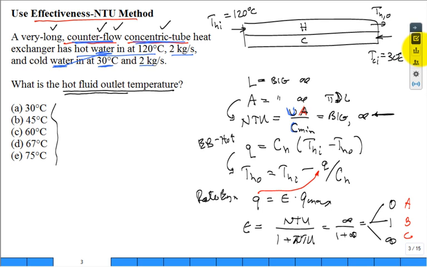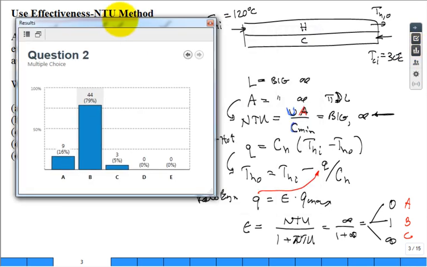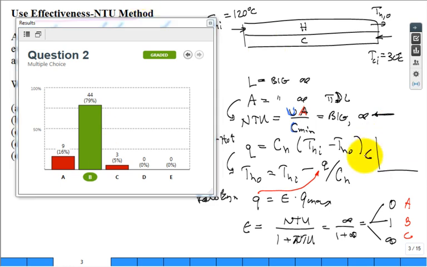Well, let's take a look at the results. A lot of us said that it is 1. Are they correct? Yeah. Maybe some of you were thinking also of a plot: you plot effectiveness versus NTU. NTU goes from 0, 1, 2, all the way out. And then effectiveness goes between 0 and 1. And we have a lot of times some red lines like this or orange lines like that.